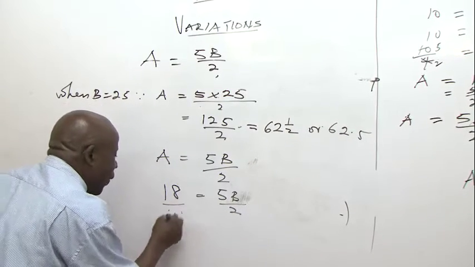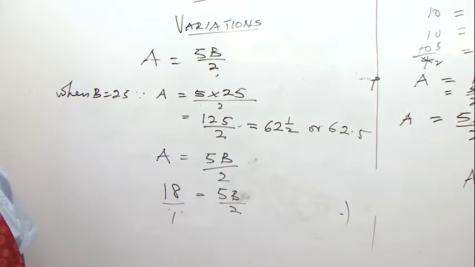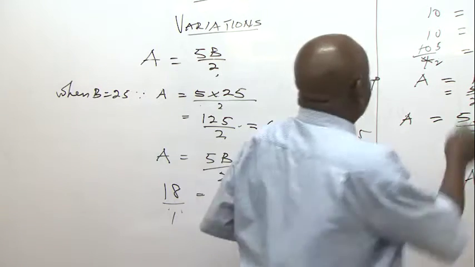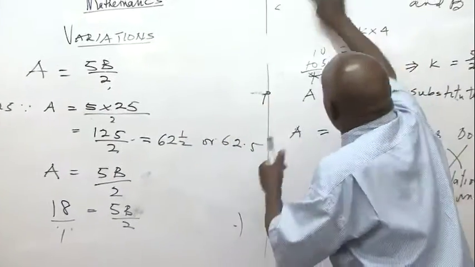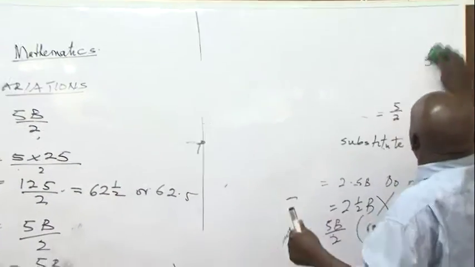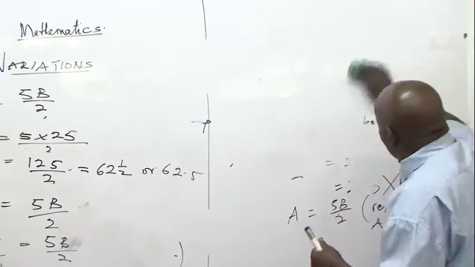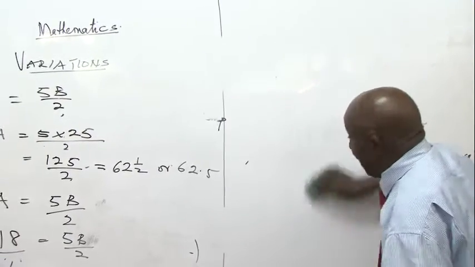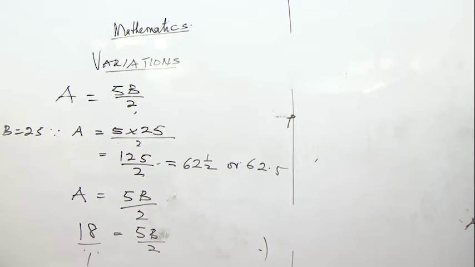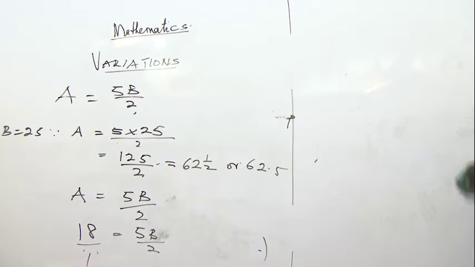18 is 18 over 1. Cross multiply. You know, at that level, you don't need to assume or jump a step.